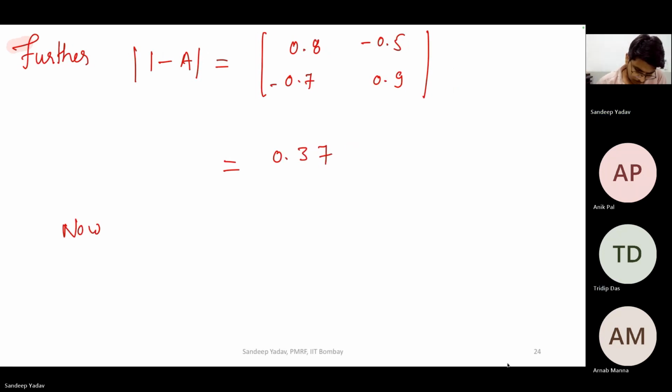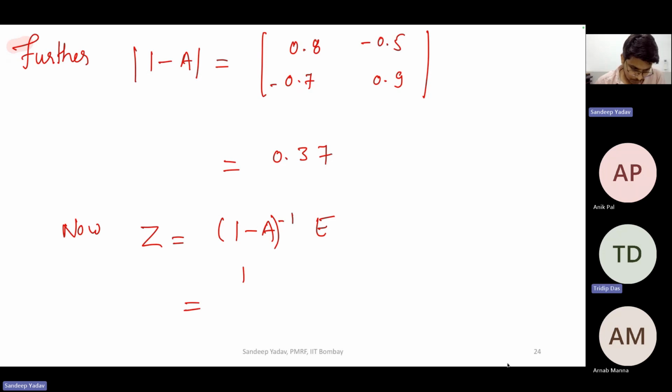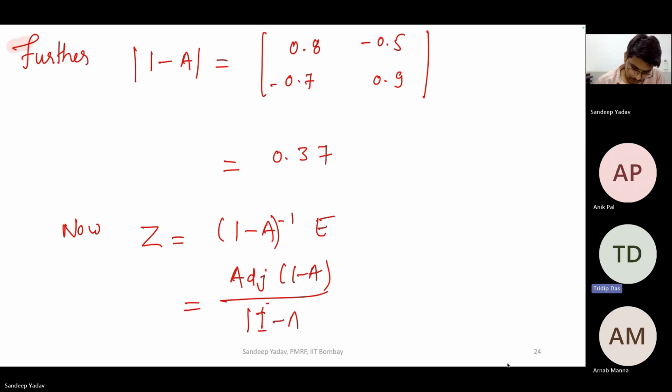Now Z is equal to I minus A inverse into E. So the adjoint we have calculated, and the mod is 0.37. Let's simplify it.